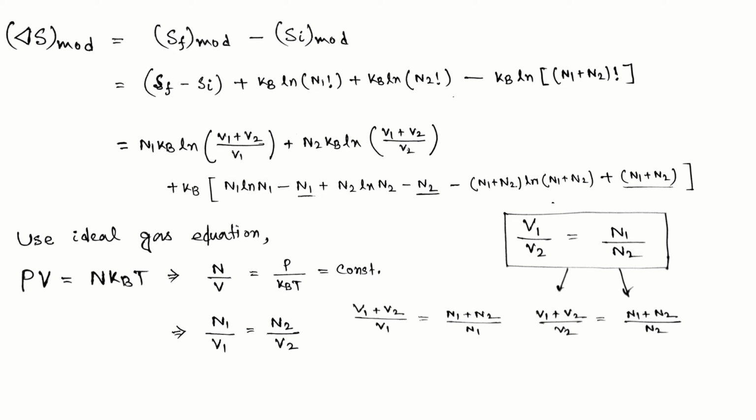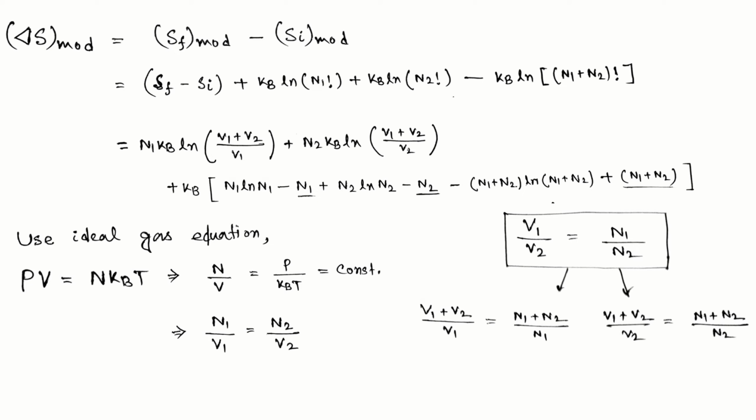From that we can calculate these two equations. Now you can see the steps here. There is a term (V1 plus V2) by V1 and (V1 plus V2) by V2 in the delta S modified equation. So we'll change them to (N1 plus N2) by N1 and (N1 plus N2) by N2 respectively.